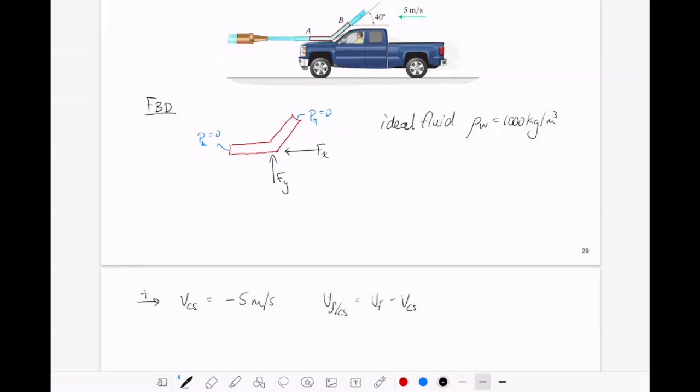So we know the velocity of the control surface. What's the absolute velocity of the fluid?